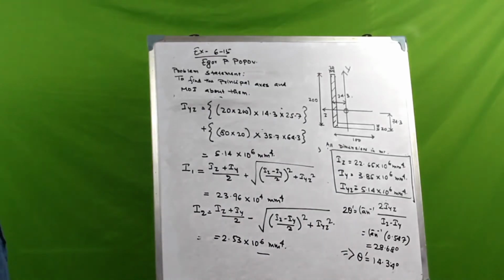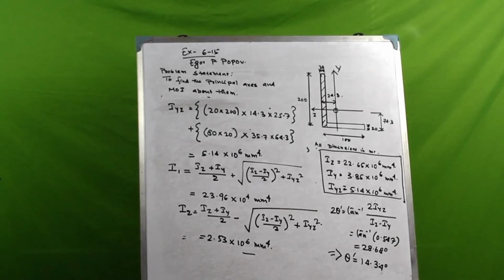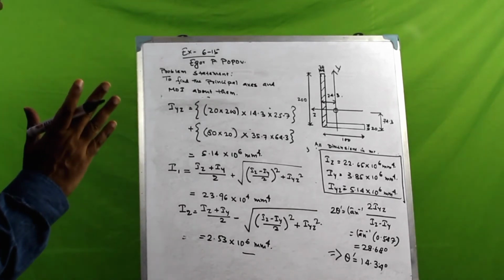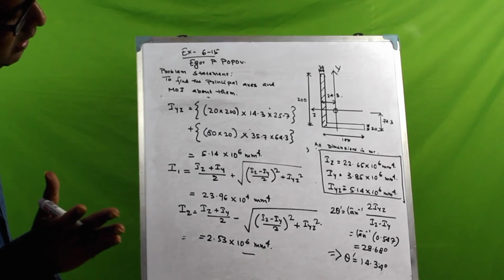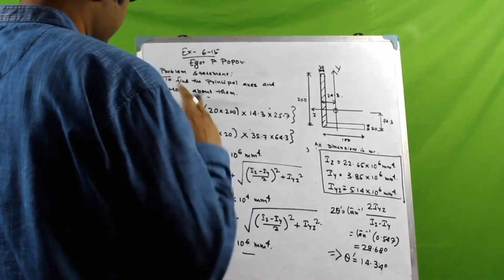So a positive value of theta dash would indicate that the principal axis is located by going a value of theta dash which is in the anti-clockwise direction.